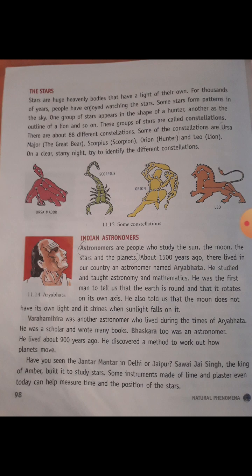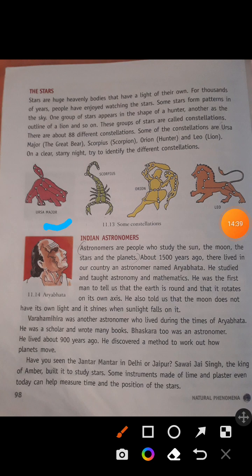So students, you have already read that groups of stars that seem to form specific patterns are called constellations, and some constellations that are easily visible are Ursa Major, the Great Bear, and Scorpius, that is known as Scorpion, and Orion, that is known as the Hunter.